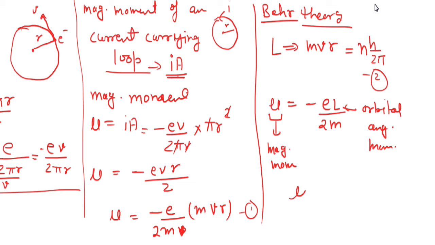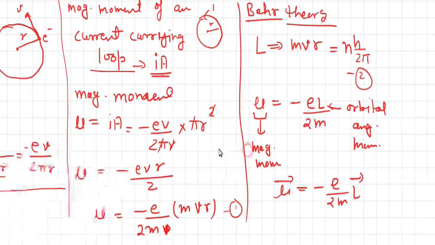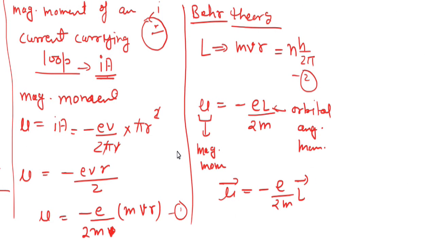If you write it in vector notation, this is equal to minus e by 2m into L. From this relation you can see that you have two vectors mu and L, and they are related by a negative sign. This means this vector magnetic moment is always in opposite direction to the orbital angular momentum L.